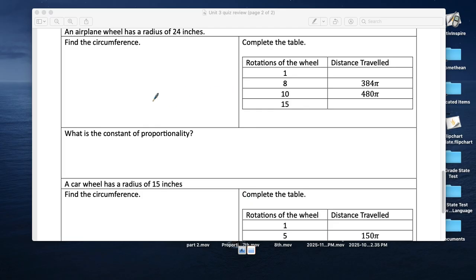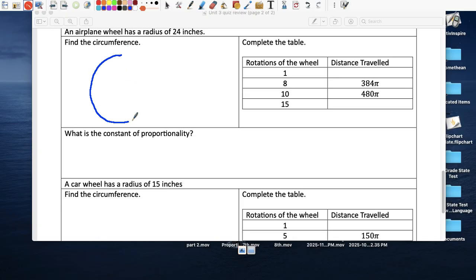Last two questions. Find the circumference. Here's an airplane wheel. Draw it out. It has a radius of 24. R equals 24. So take a diameter, any diameter, as long as it goes from one edge of the circle to the other, going through the middle, and write D equals, well, if the radius is 24, the diameter is 48.